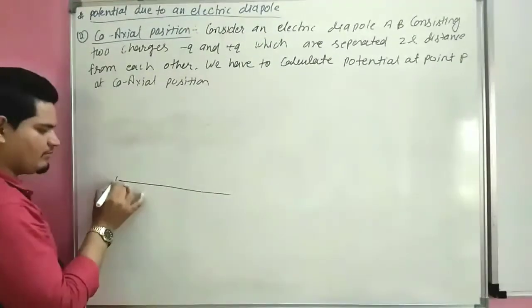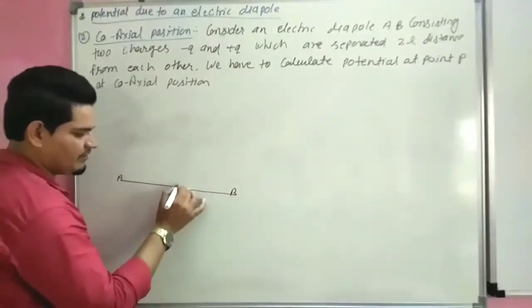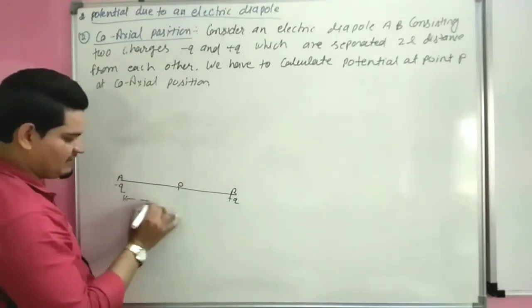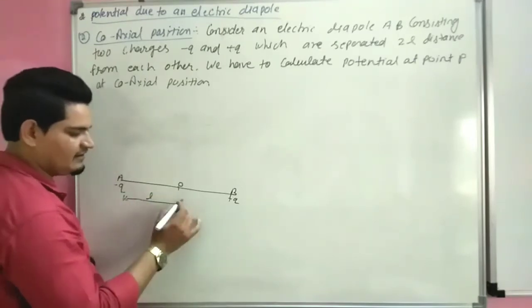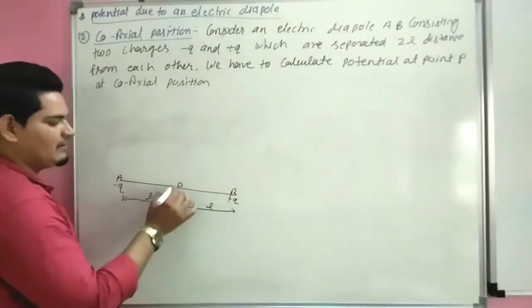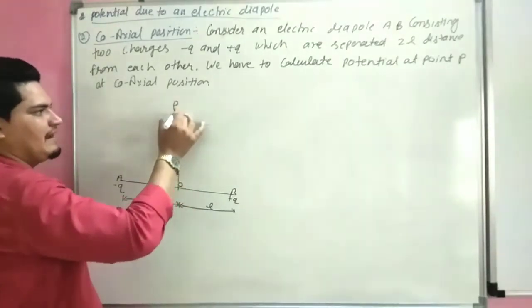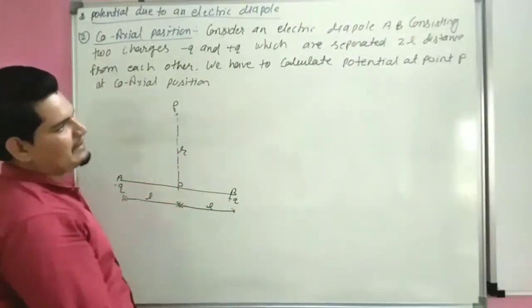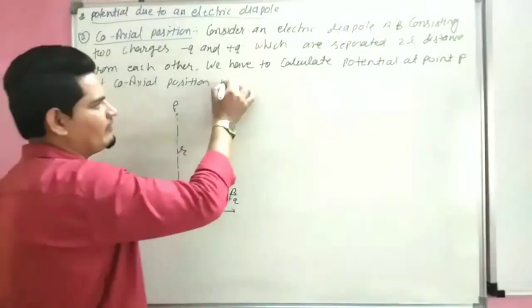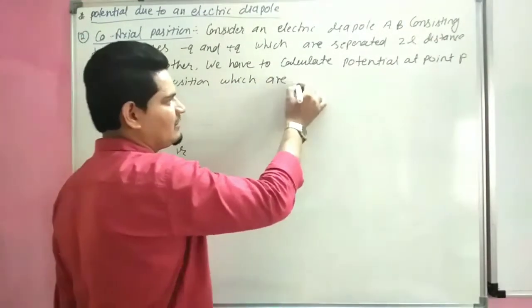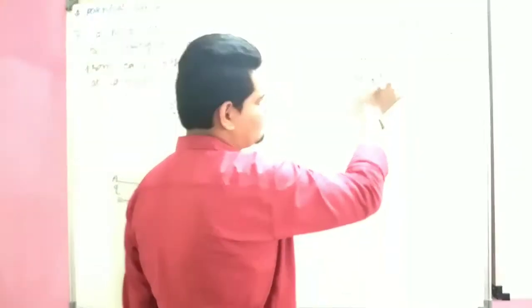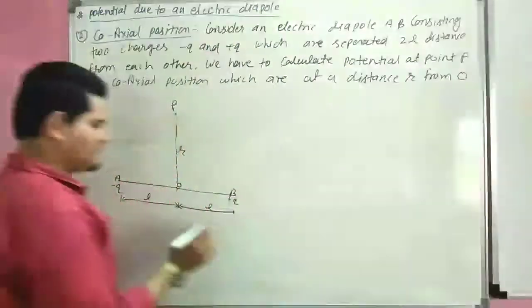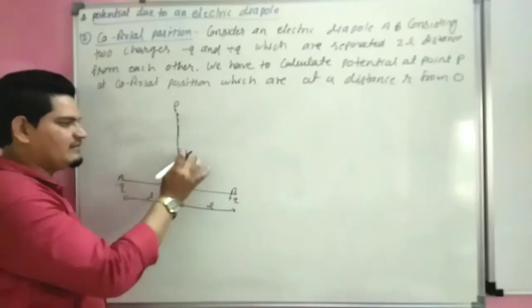This is point A, this is point B, this is point O, this is the minus q charge, this is the plus q charge. This distance is L because the total distance is 2L, and this is also L. Point P is situated at a distance R from O. The distance PO is R.